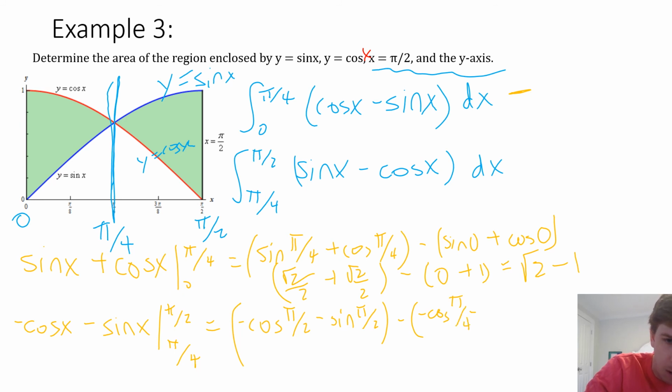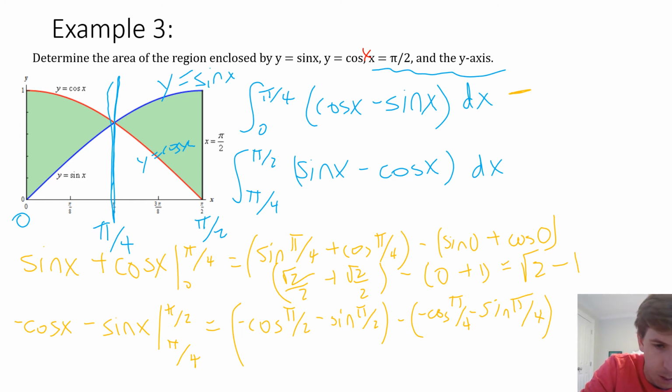So negative cosine of pi over 4 minus sine of pi over 4. Be careful because this term over here, negative cosine of pi over 4 minus sine of pi over 4, does not exactly match what we have up there, so you need to be careful.